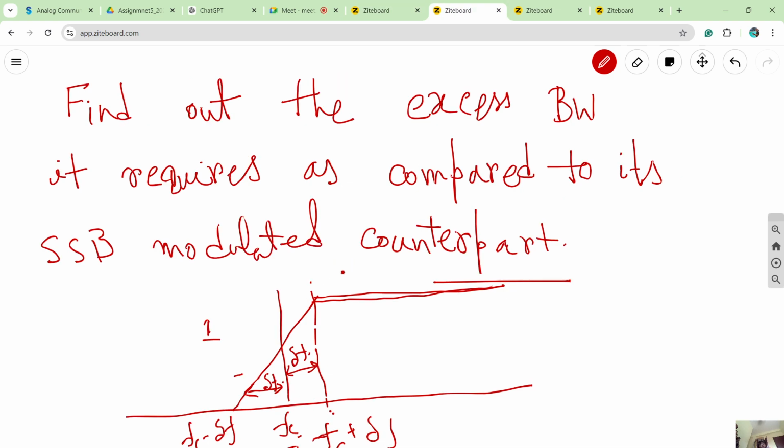After Fc plus delta F, it always has the gain 1. But for lower frequency, it is 0. Beyond Fc minus delta F, it is 0. And there is a slope in between around Fc to form the VSB signal. So we have to find the excess bandwidth with respect to the SSB counterpart.